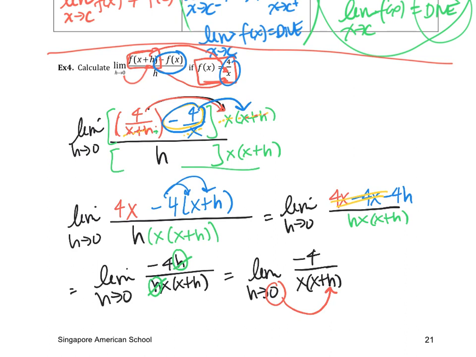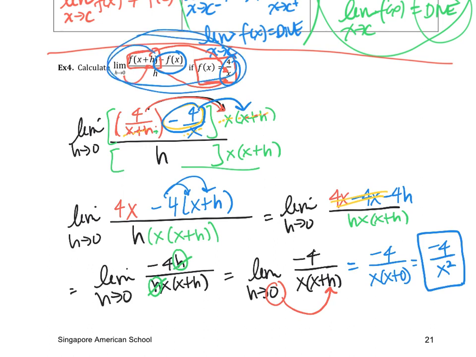We don't have 0 in the denominator. Instead, we get negative 4 over x times x plus 0, which is negative 4 over x squared. So this answer right here for the limit as h approaches 0 for the function 4 over x is going to become negative 4 over x squared.